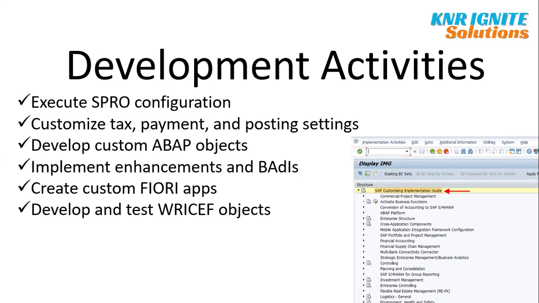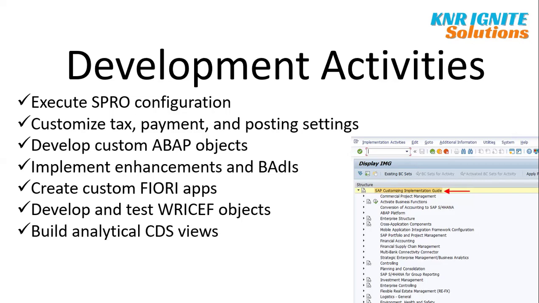Your ABAPer will understand your requirement and will do program changes in the backend, whatever is required based on the requirement. Then you perform all those testings, whatever changes they performed, you need to perform testing in the development system, whether the same thing is working or not. So that's about your quick to know RICEF objects.